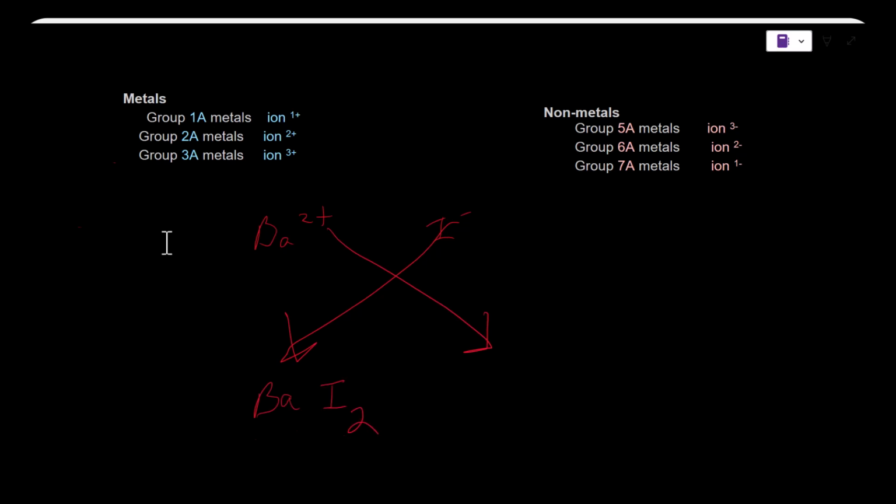The subscripts represent the number of atoms in the compound. Iodine had a negative charge of 1, so that 1 would come down to barium. Barium had a positive charge of 2, so we put 2 on the iodine. By convention, if the subscript is 1, we just leave it out. So we would write barium iodide as BaI2.